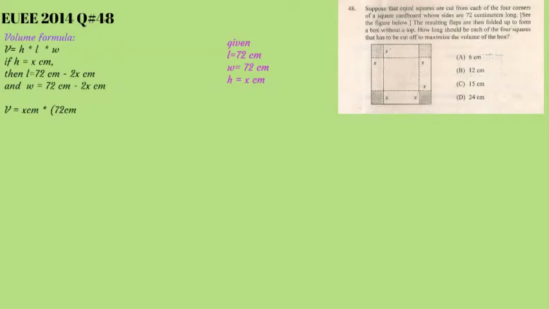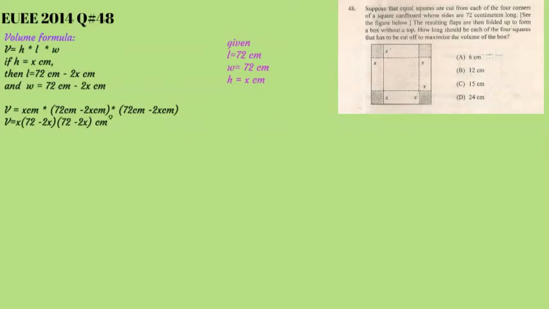So the volume formula will be x centimeter times 72 centimeter minus 2x centimeter times 72 centimeter minus 2x centimeter. Let's remove that centimeter and put it outside. So it's going to be x times 72 minus 2x times 72 minus 2x centimeter cube. That's for the volume.